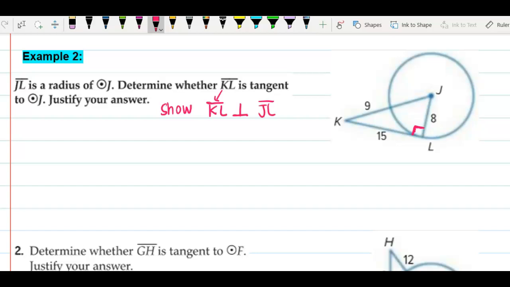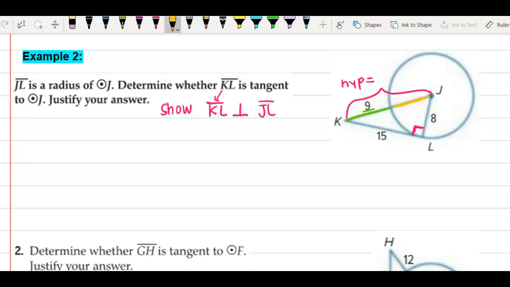In this triangle, one side is 15, one side is 8, and the side opposite the right angle would be my hypotenuse. I don't know all of that side. I know from here to here is 9, but I'm missing this piece.